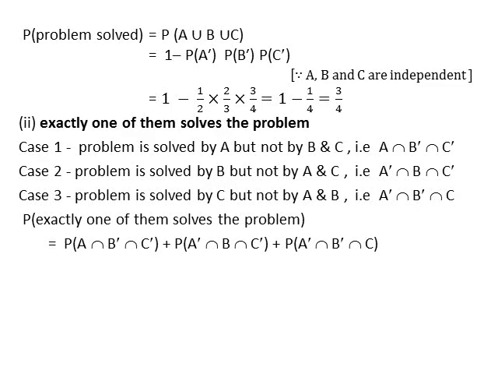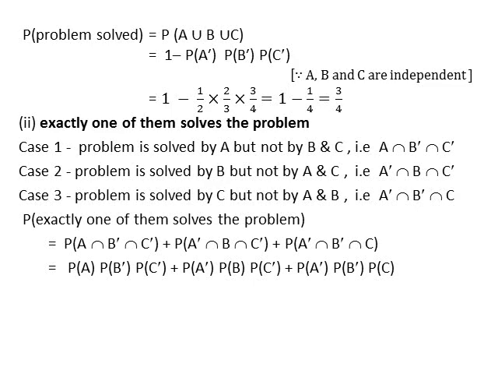So probability that exactly one of them solves the problem equals probability of A intersection B complement intersection C complement plus probability of A complement intersection B intersection C complement plus probability of A complement intersection B complement intersection C. As events are independent, so required probability equals P(A) multiply P(B complement) multiply P(C complement) plus P(A complement) multiply P(B) multiply P(C complement) plus P(A complement) multiply P(B complement) multiply P(C).